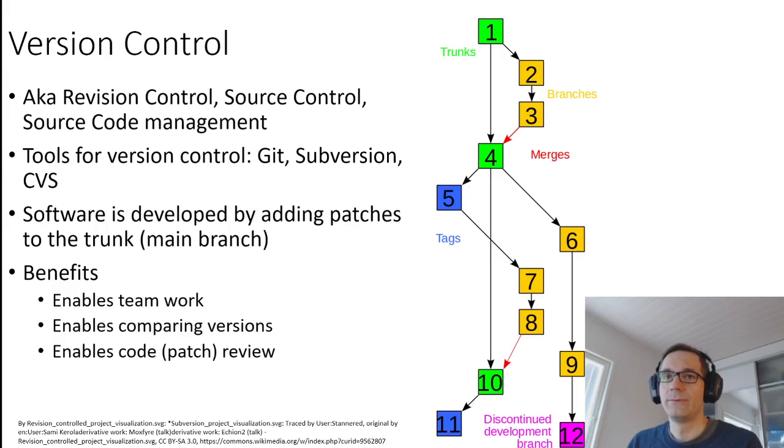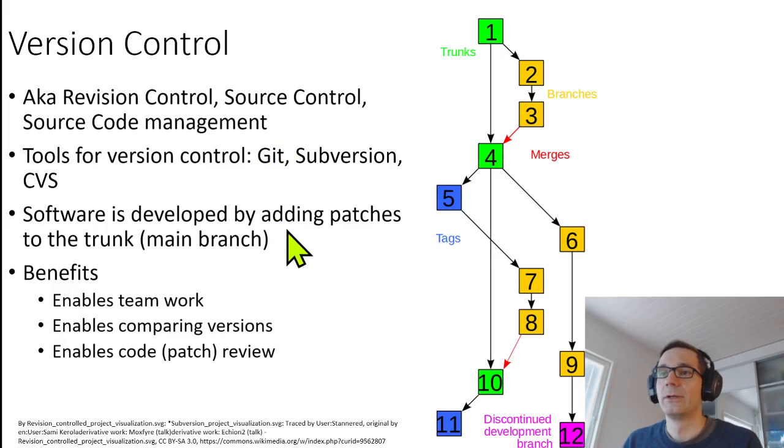Now, these code reviews are done on the patches, but what are the patches exactly? Well, modern software systems are developed under version control. Version control has been utilized probably since the 1960s or 1970s. It is also known as revision control, source control, or source code management.